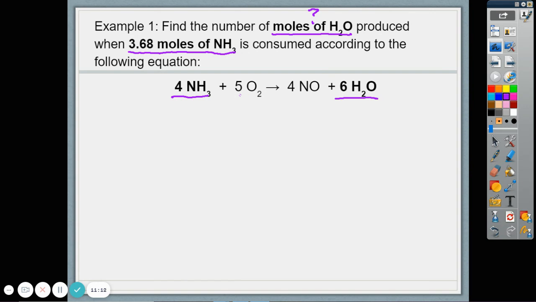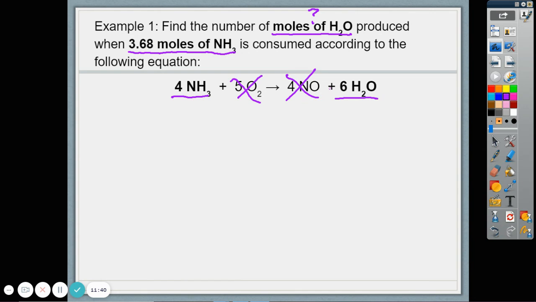In order to get those coefficients, we would have to have a full balanced chemical equation. But now that we know the compound that's in our given and the compound that's in our unknown, O2 and NO, we are not going to use those two at all. So I could mark those out so I can be focused on less, have less going on here.